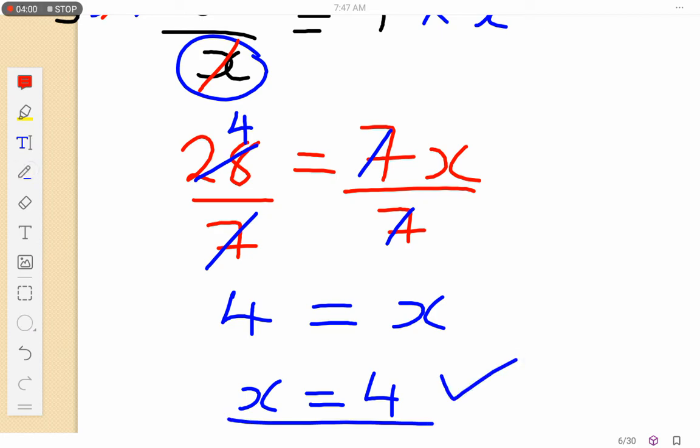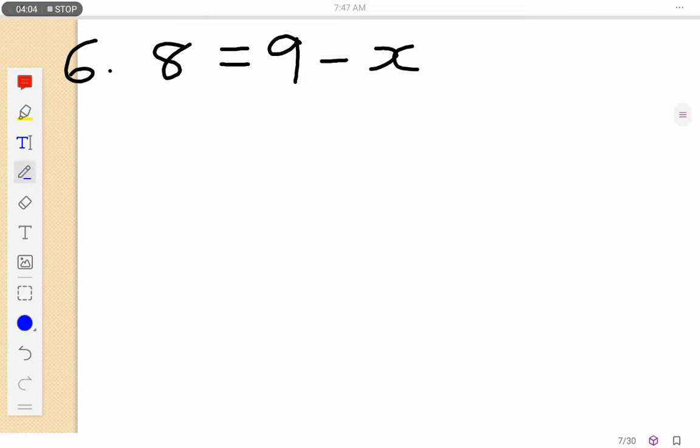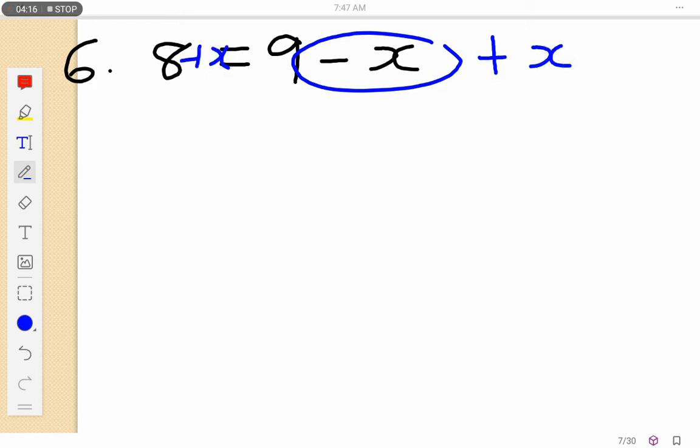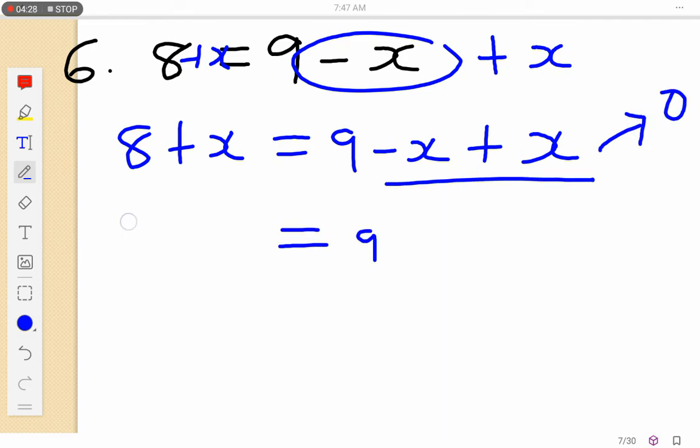Let's have one more example. This one I'm going to use 2 methods, the balancing and the other way. I can balance off this side so that this becomes a positive. I'm going to say plus x here, and I also say plus x on that side. So I'll have 8 plus x is equal to 9 minus x plus x. This gives us a 0 and we remain with a 9. This side we have got 8 plus x. Now I'm going to remove my 8.